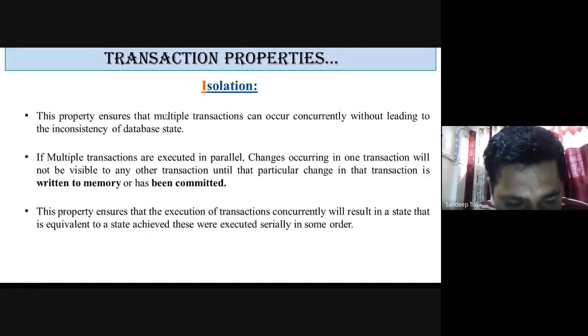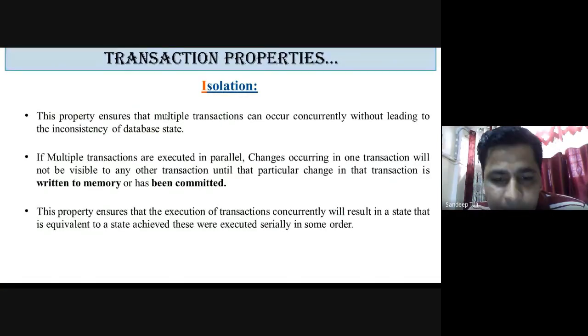Your work will be locked. This is one way I am telling you: the variables or objects you are accessing will be locked, and they will not be visible to me, and whatever I am working with will not be visible to you. That is what isolation means.